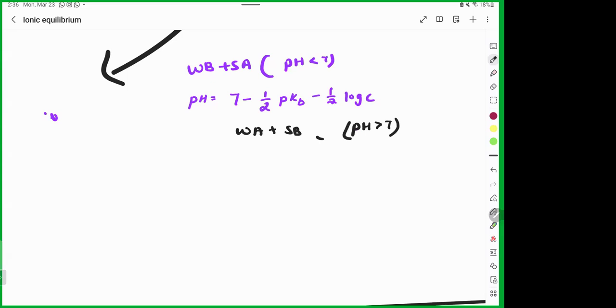Net pH value will be more than 7, and that's why when we calculate pH, everything will be added, but in the same manner. Any doubt, guys?